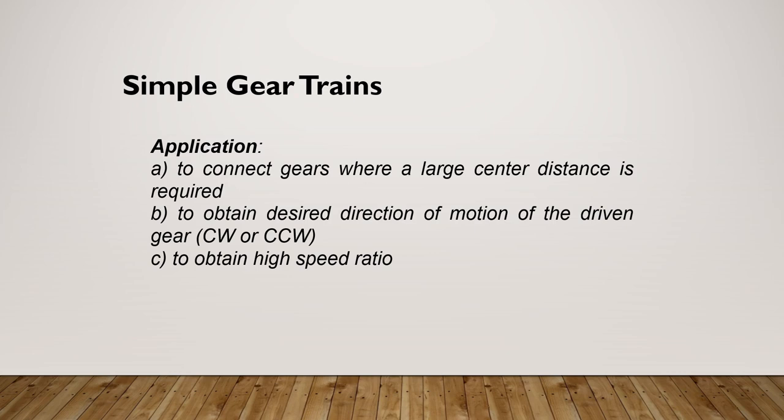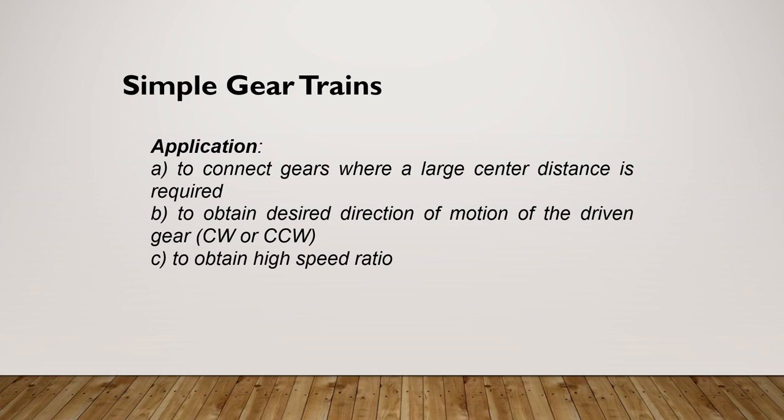When the shafts have a large center distance, you can make use of the simple gear train. Second is to obtain the desired direction of motion of a driven gear, clockwise or counterclockwise. If you want to change from clockwise to counterclockwise, you can make use of this simple gear train.